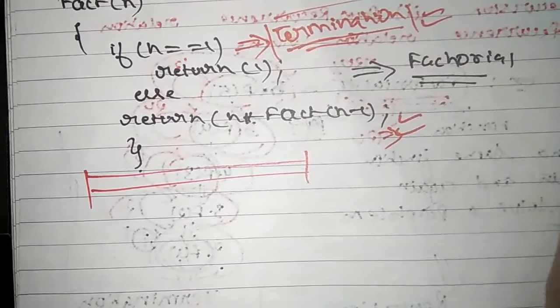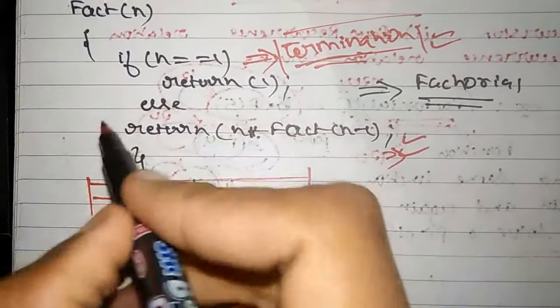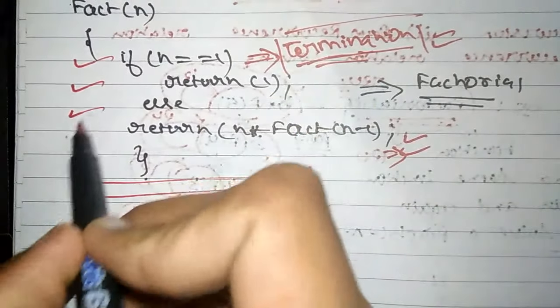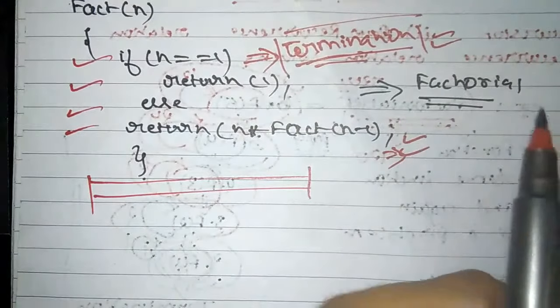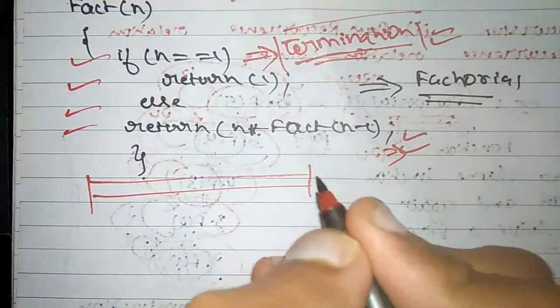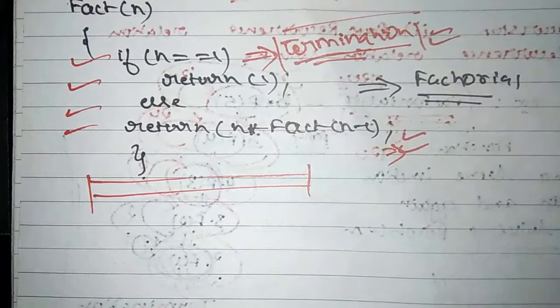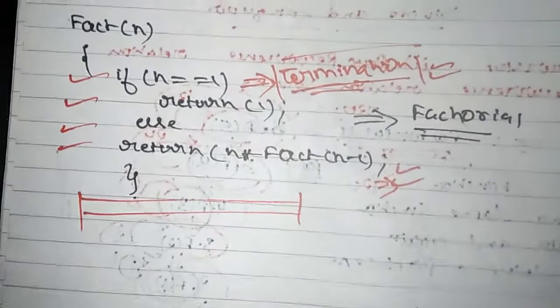As you can see, this program has finite steps and it is very easy to write. How? Let me just take an example. We need to find the factorial of 6, right? n equals 6.